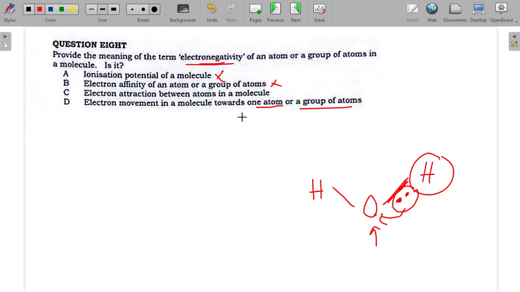Remember I said electronegativity is the tendency or the power of an atom to attract shared electrons. So meaning the electrons are not moving. So this one here that says electron movement, no, the electron does not move. It's just attracted by the other atom. So the best answer here is that electronegativity is the electron attraction between atoms in a molecule. So we choose that one.